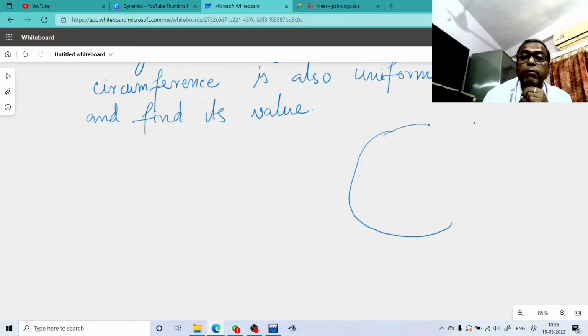Suppose this is the circle. The center is O. This is the horizontal line OX. This point is A. This is any point P. So this angle is theta.